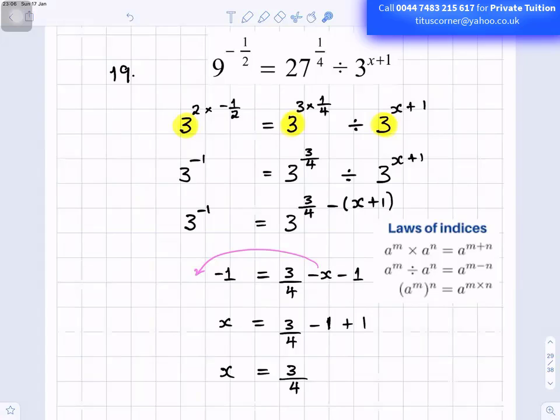We want x, so x is minus on the right. We take it to the left, it becomes positive x. And we take the minus 1 to the right, it becomes plus 1. So 3 over 4 minus 1 plus 1. Minus 1 plus 1 is the same as 1 minus 1, which is 0. So x is 3 over 4.